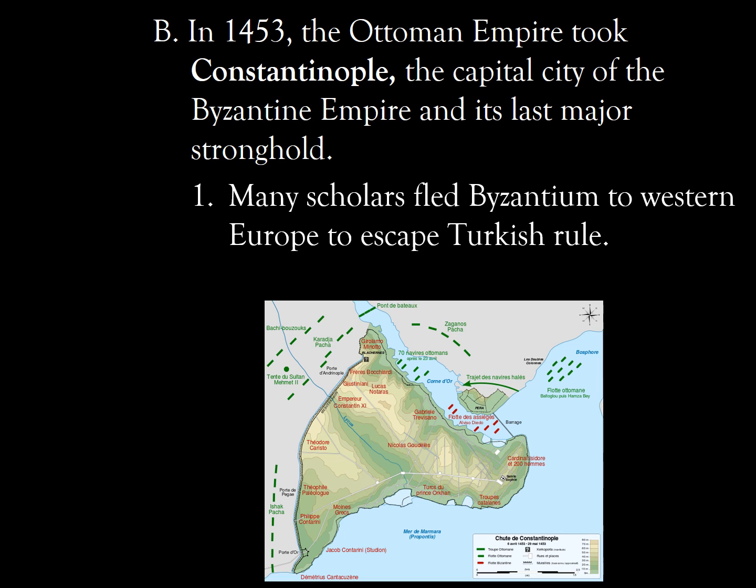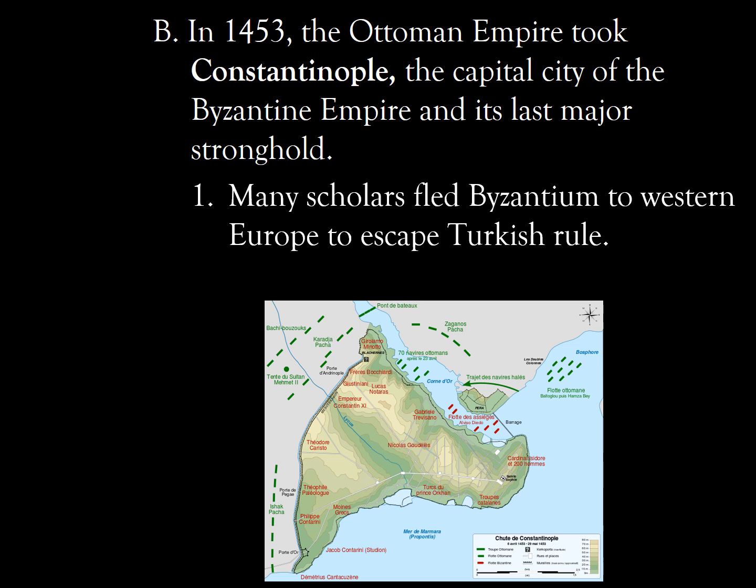They were escaping Turkish rule, but they were bringing their scholarship, the ancient Greek scholarship that had been lost to Western Europe for centuries, would now be reintroduced to Western Europe as a result. This is one reason the Renaissance begins in Italy and then spreads northward through the rest of Europe.